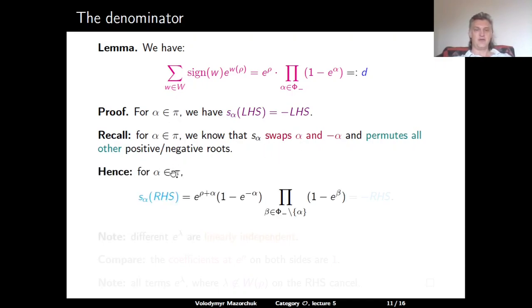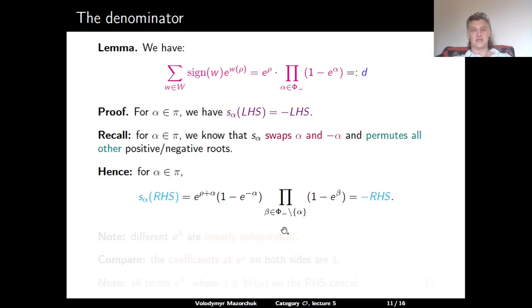Hence, if we apply the reflection S alpha to the right-hand side, we note the following: S alpha will send rho to rho minus alpha, so this is one of the computations we did before. Then the factor 1 minus e to the power alpha will be mapped to 1 minus e to the power minus alpha. This is because S alpha swaps alpha and minus alpha. And the product of all the remaining factors remains the same, because all other negative roots will be just permuted.